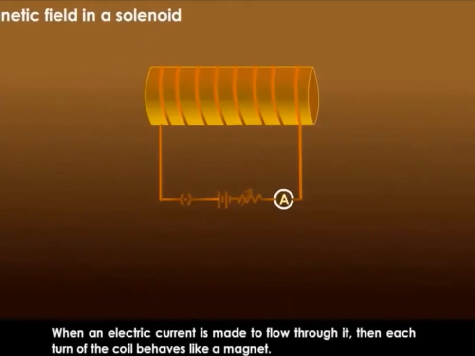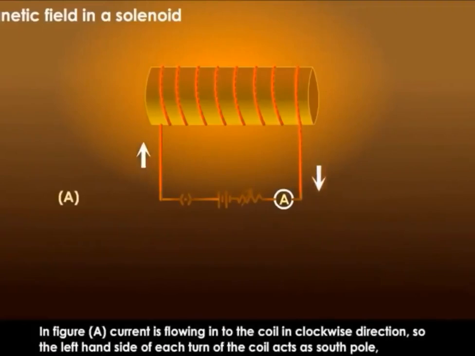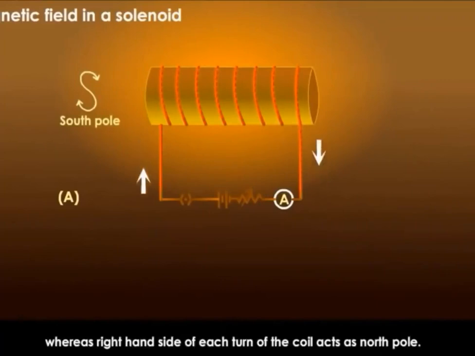When an electric current is made to flow through it, each turn of the coil behaves like a magnet. In figure A, current is flowing into the coil in the clockwise direction. So the left-hand side of each turn of the coil acts as a south pole, whereas the right-hand side of each turn acts as a north pole.